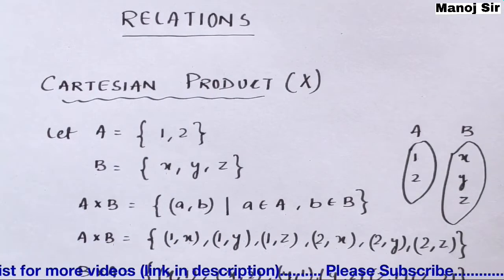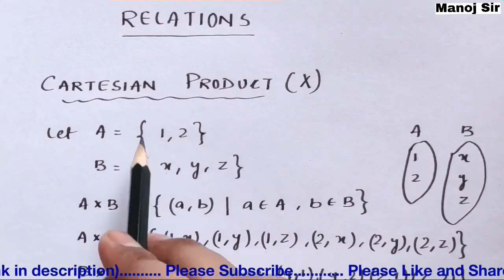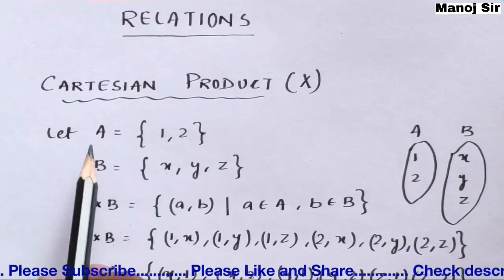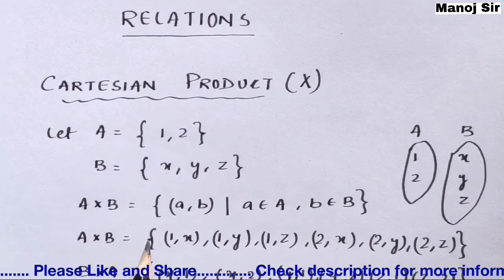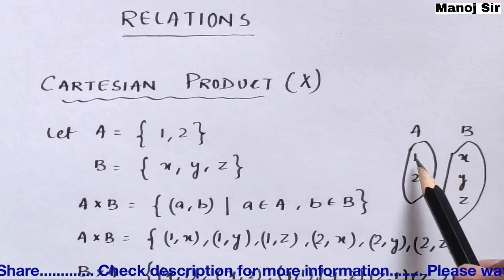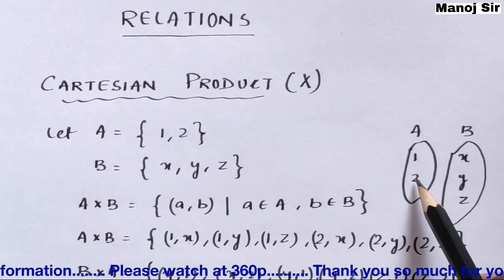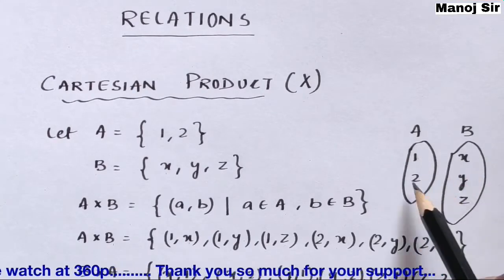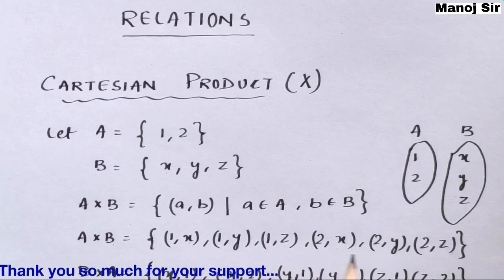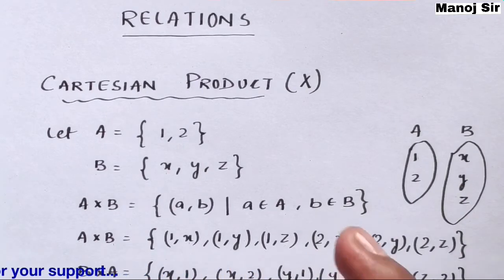Now if you want to write A cross B for these two sets, it has to be 1 comma x, 1 comma y, 1 comma z, 2 comma x, 2 comma y, 2 comma z. We need to write every element in pair form.